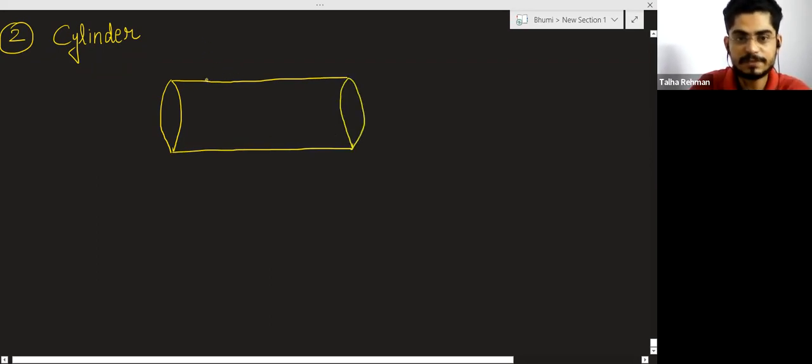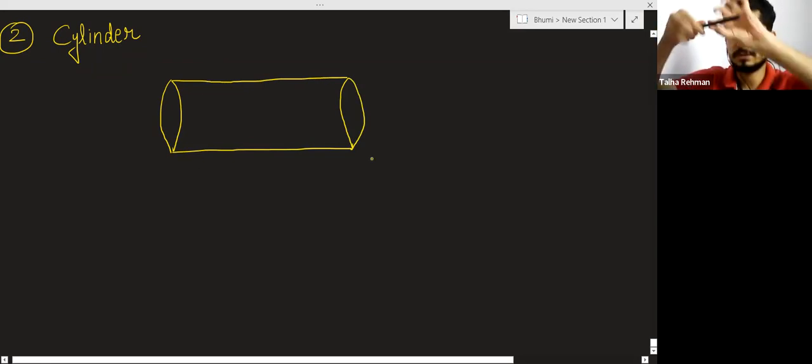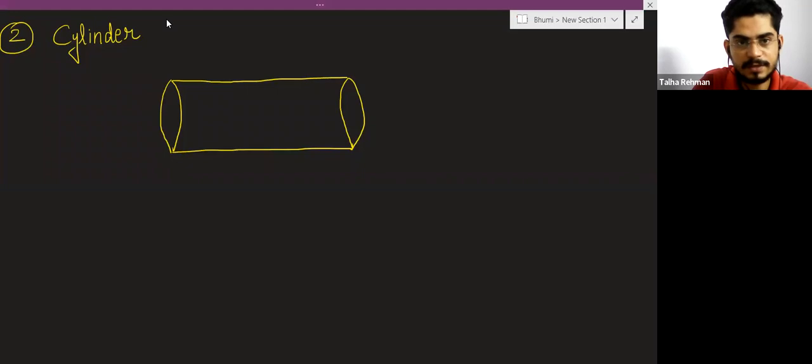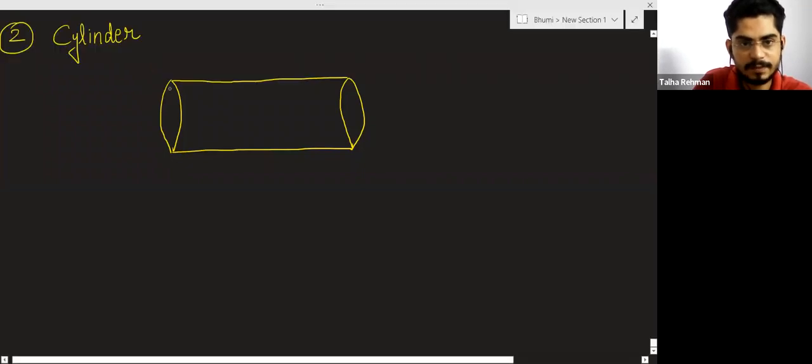This upper part is the curved surface, not this part. This part is plane area.